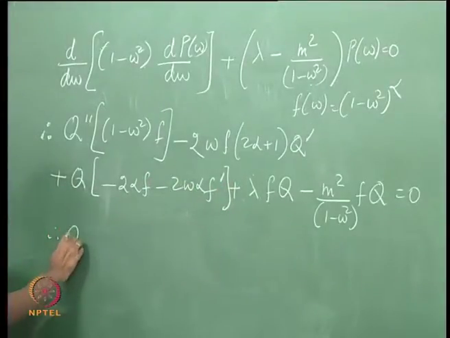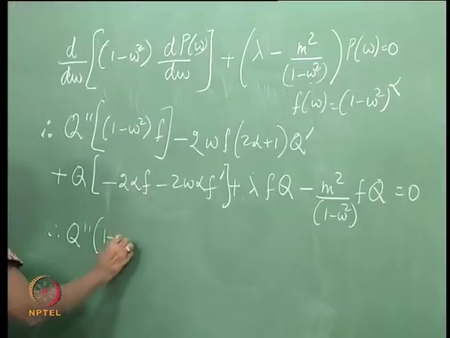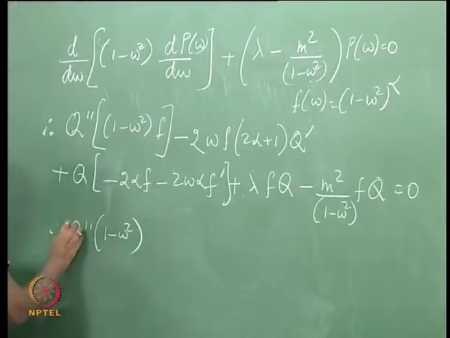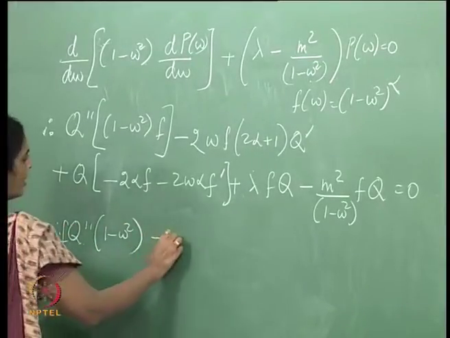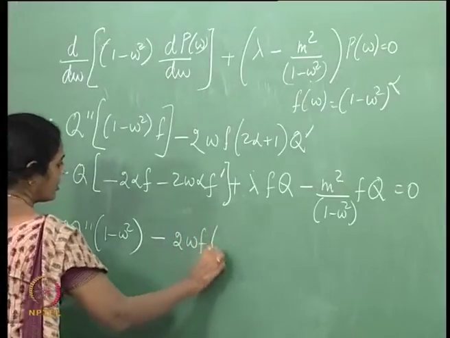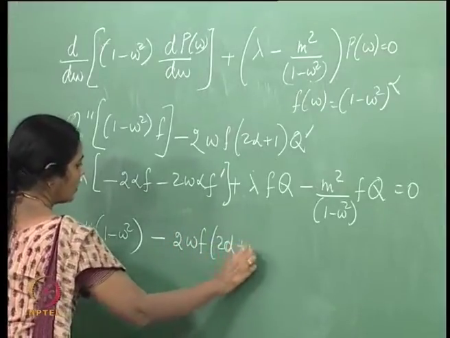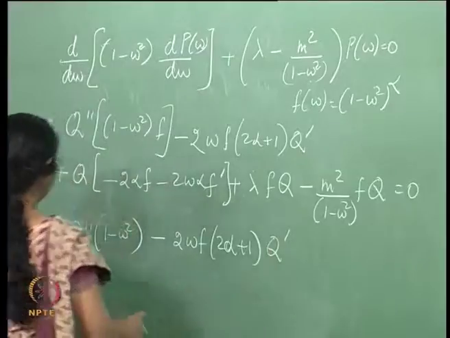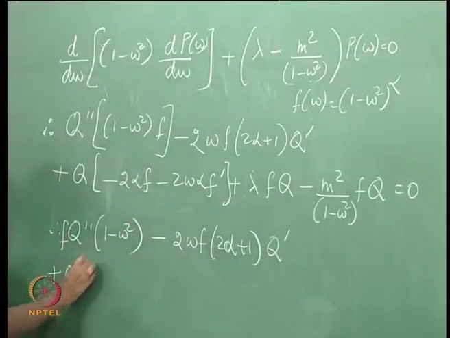So what does that mean? q double prime times (1 - w^2) f minus 2 w f (2 alpha plus 1) q prime, and now group the q terms.